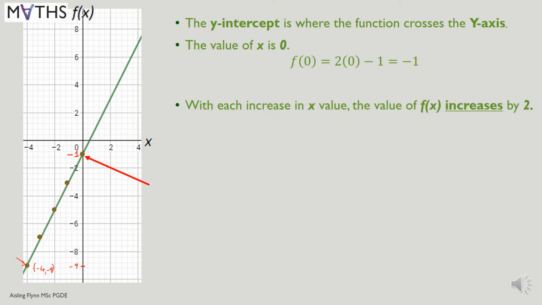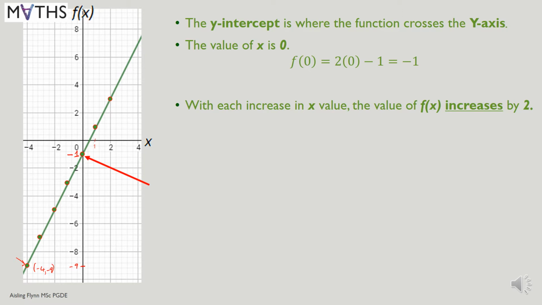Okay, continuing then. With each increase in x value, so every time we go 1 bigger, we saw this before, f of x increases by 2. Alright, so if we take this one here, the x value is 1, and then the next one after, the input value is 2.